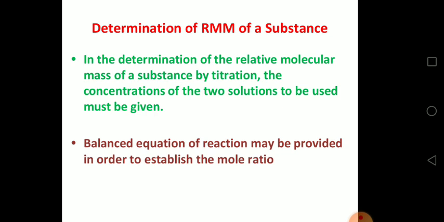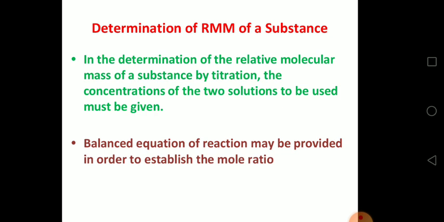The first is the concentration. That is to say that the two solutions, the acid and the base, must be a standard solution. A standard solution is a solution whose concentration is known.